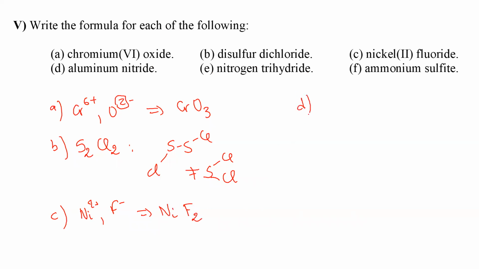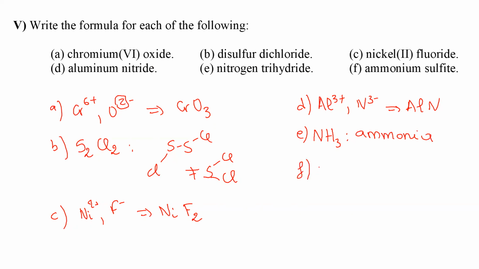For D, we have aluminum nitride, so aluminum ion and nitride ion. The formula is AlN. For E, nitrogen trihydride, so this is molecular. We have 1 nitrogen and 3 hydrogen, and this is also known as ammonia. The last one, F, ammonium sulfite.